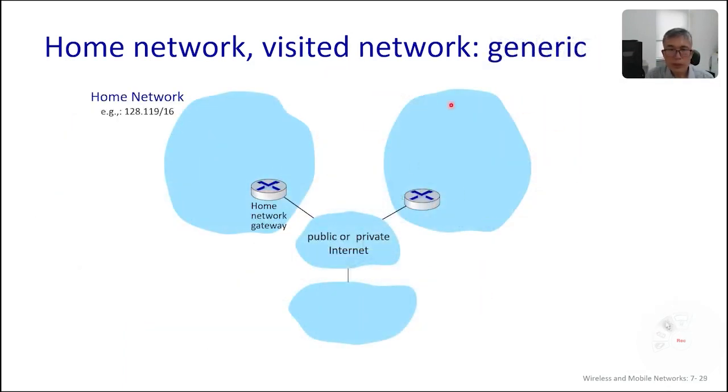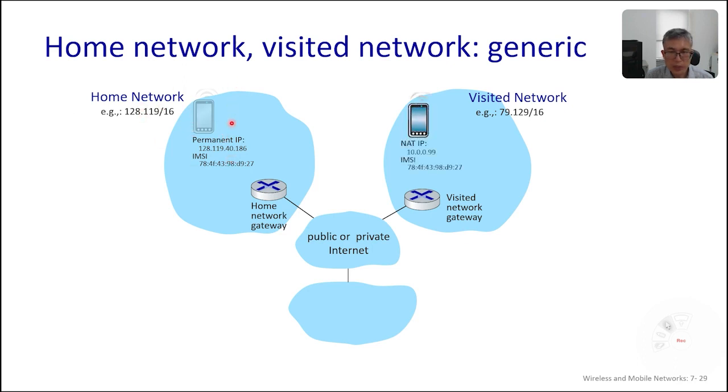So let's take a look at a generic mobility scenario. This is your mobile device connected to your home network, and if you move to a visited network, you are allocated a new IP address from the NAT. Your permanent identifier is the international mobile subscriber identity.